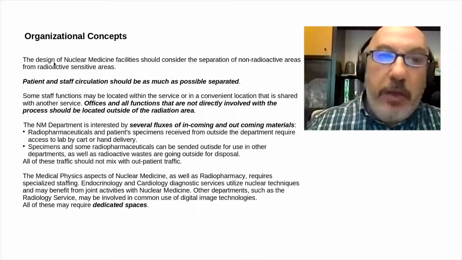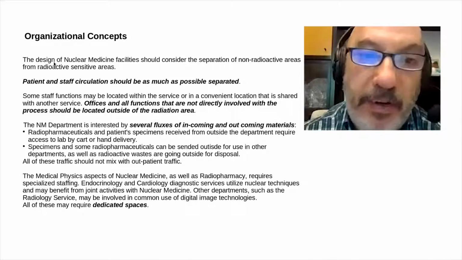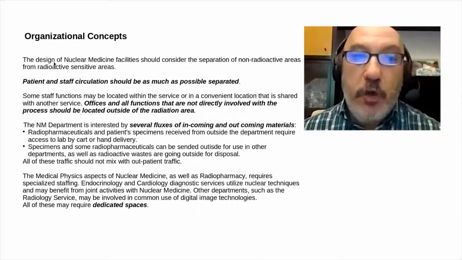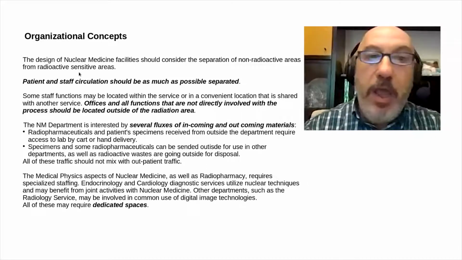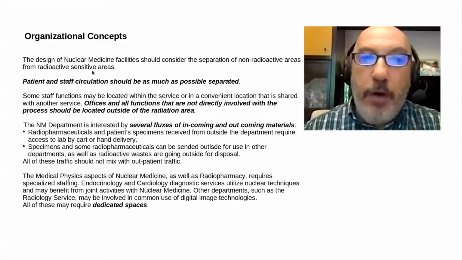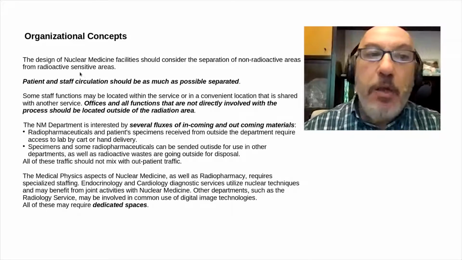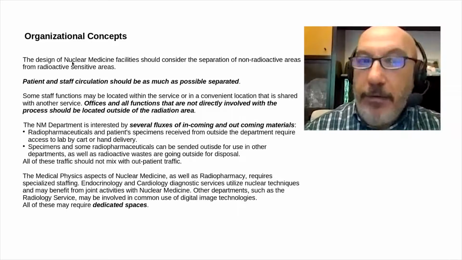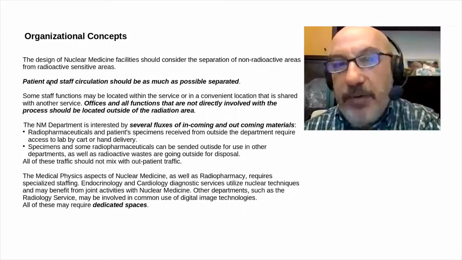After the injection of the radiopharmaceutical, the patient is emitting a significant amount of radiation, so we should try to have as much separation as possible between the circulation of the patient and the staff, and avoid as much as possible backflow of the patient, so the patient should go forward and never walk back.